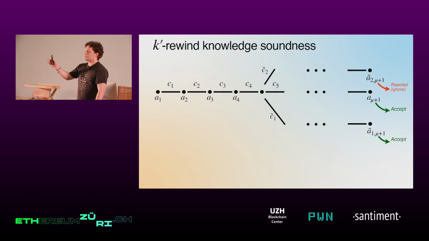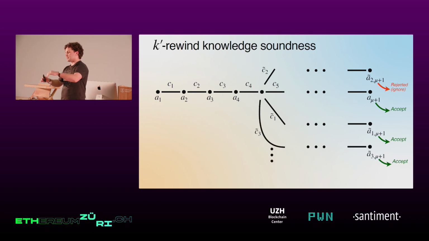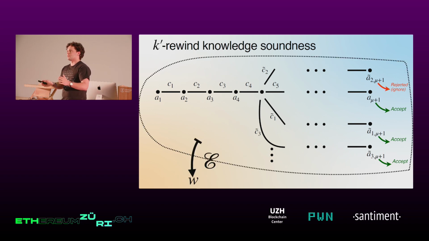And in fact, I ignore those branches where the verifier rejects the proof. So in this way, I can build this tree of transcripts where I rewind to the point which is of interest to me, and I choose different challenges. So what we ask is that when we've built this tree, there also exists an efficient algorithm which looks at this tree and says, here's a witness for that instance.